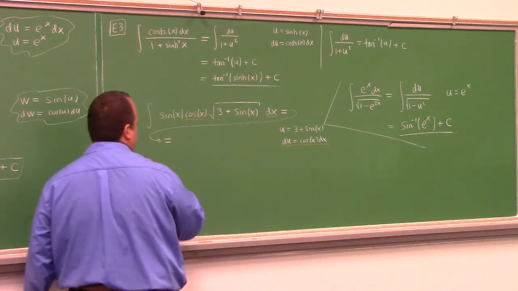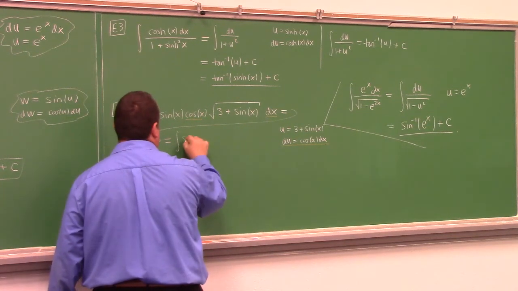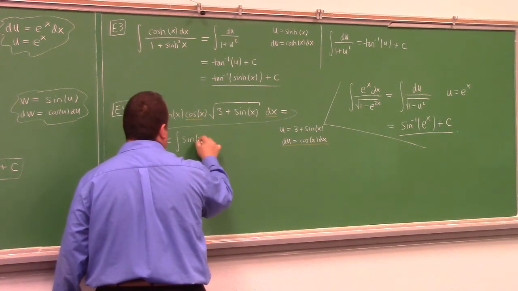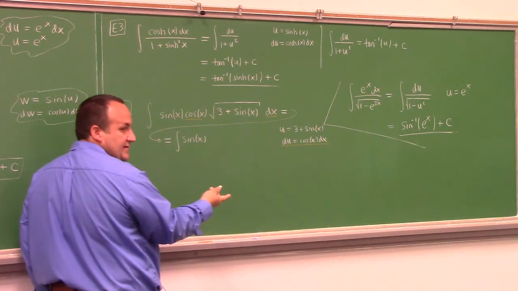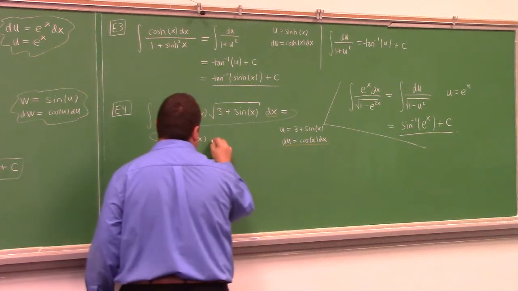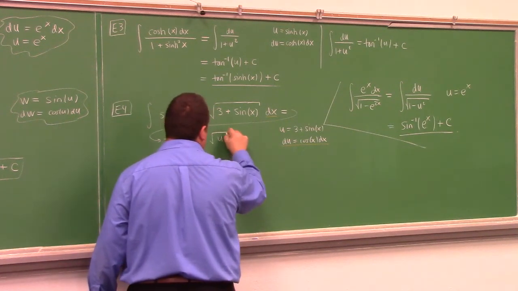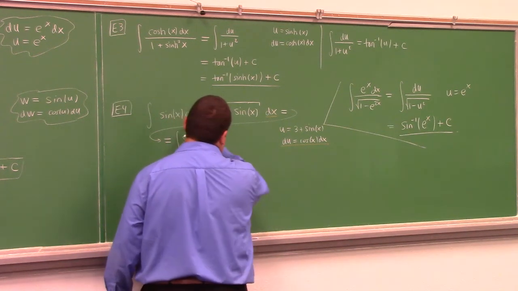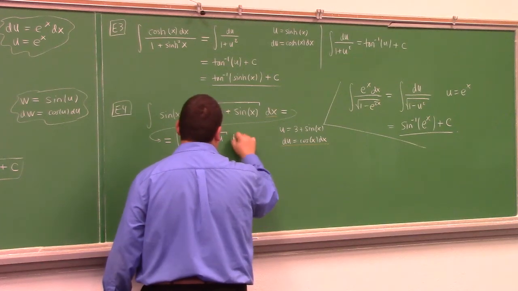And what else do we have? I'm just going to write it as an in-between step. We've got that sine of x that's still there, and we've got the square root of u. And dx, well, this and that go together to give me du, right?